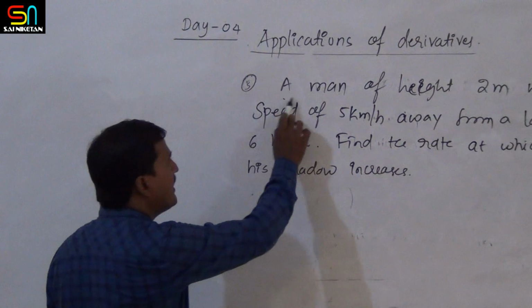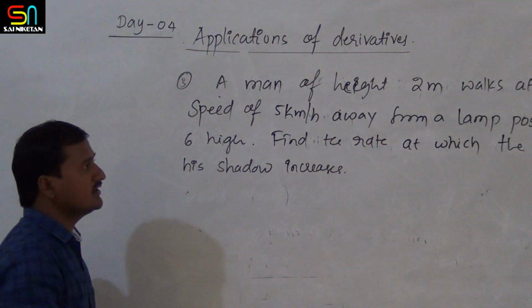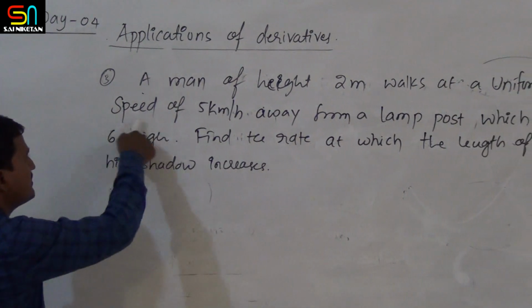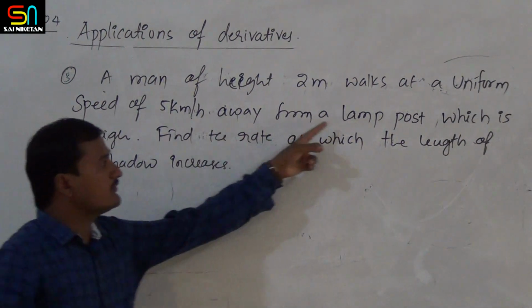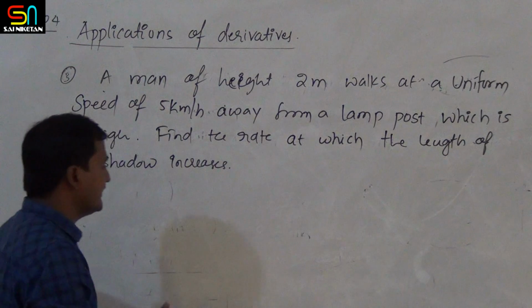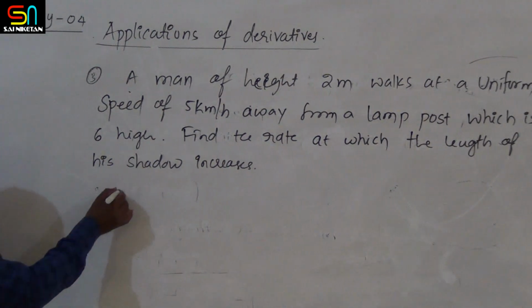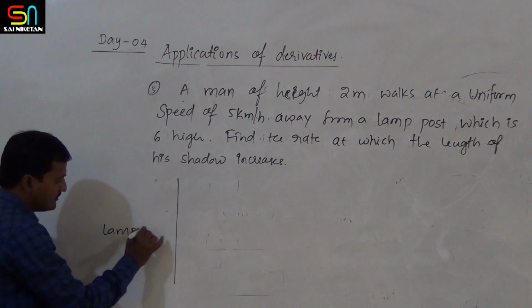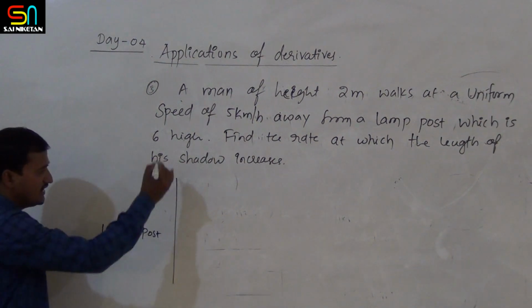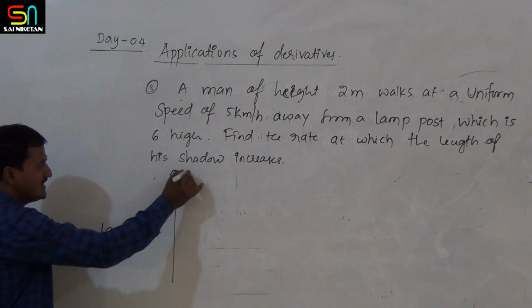So a man of height 2 meter walks at a uniform speed of 5 kilometer per hour away from the lamp post. So clearly, you should imagine. Here it is a lamp post. This is the height of the lamp post. Here it is a light.